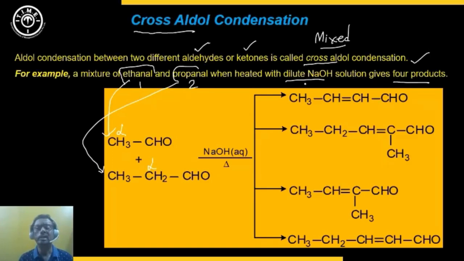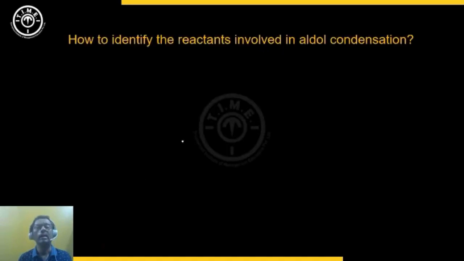Now, how are we going to decide what the starting materials are by looking at the products? We look at the products, and we should be able to tell what all the reactants are that reacted to form this. So how do we identify the reactants involved in the aldol condensation?